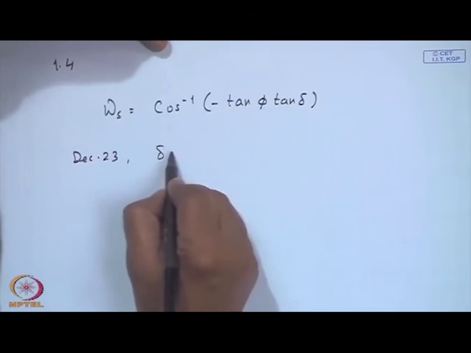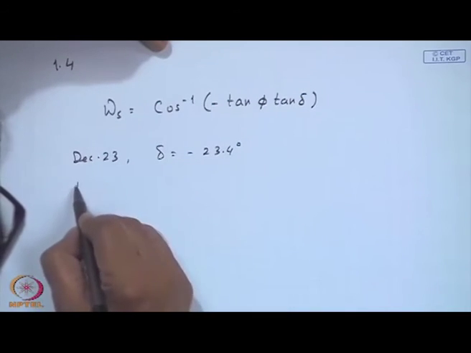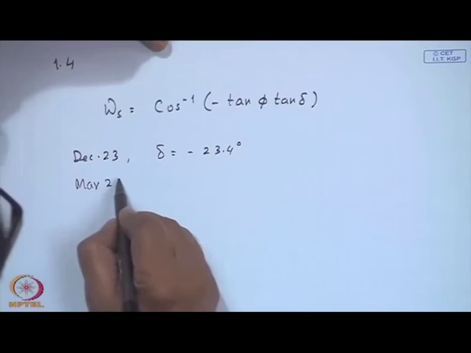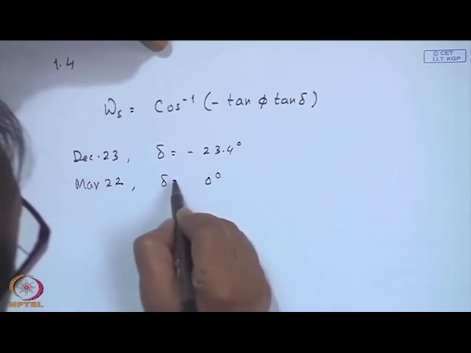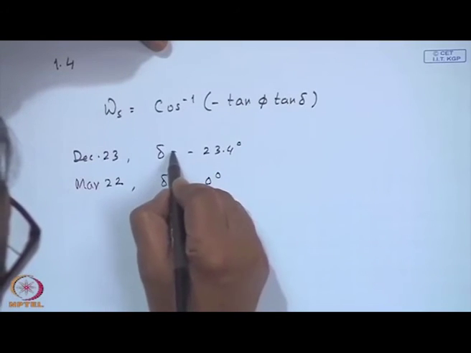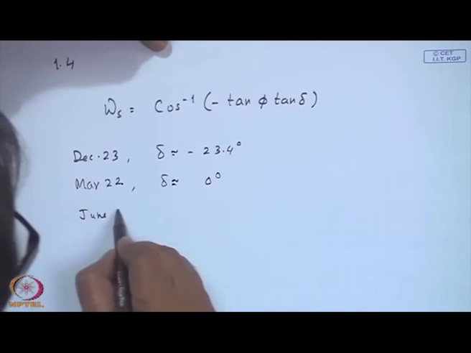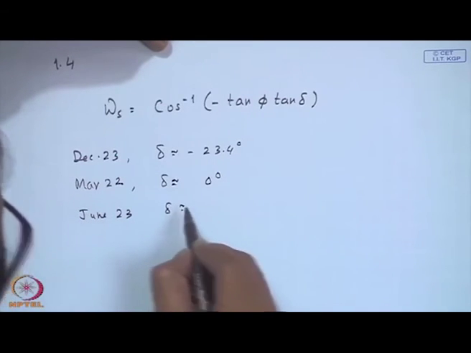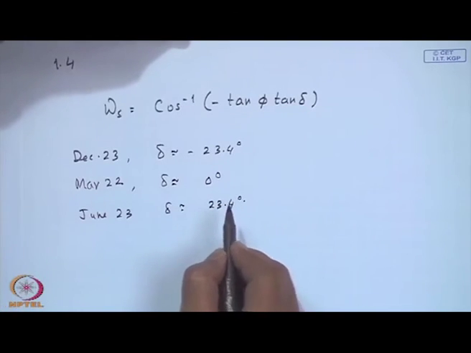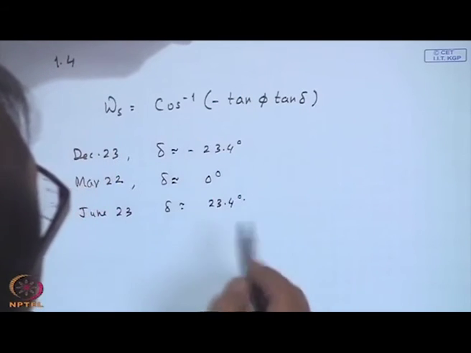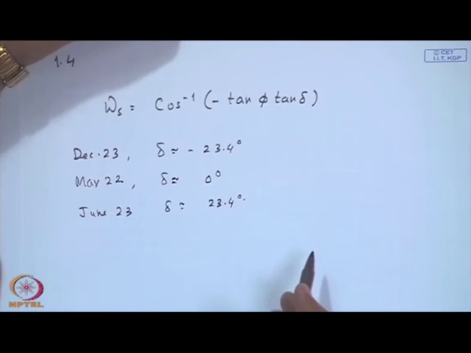So, I will take it as delta minus 23.4 degrees, and March 22 to 0 degrees. So, if you want, you can say approximately, and June 23rd, okay. The issue is it is 0 near, these are 23.4, 23.4 maximum negative and positive values.